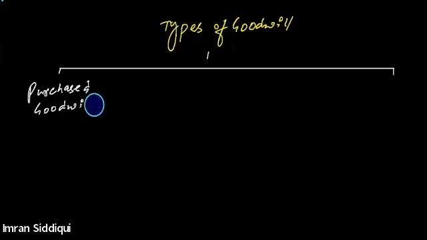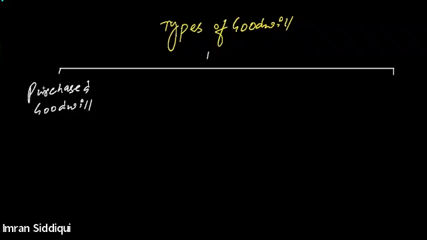So what do you mean by purchased goodwill? Whenever goodwill appears in the books of account, that means in the balance sheet, that is considered as the purchased goodwill. And whenever the question tells you that the goodwill of the firm is valued at some specific value, that is considered as the self-valued goodwill. Self-valued goodwill is never shown under the balance sheet.